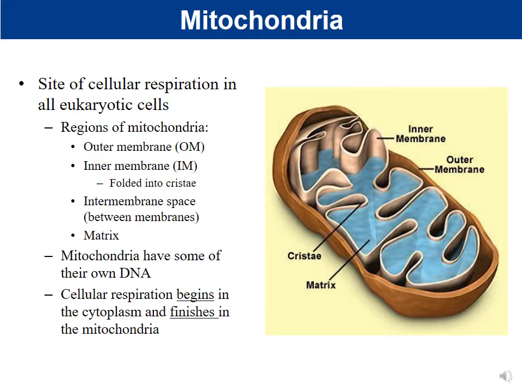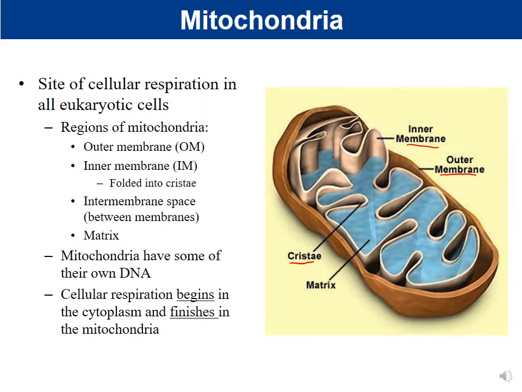It has this smooth outer membrane, and it has this extensively infolded inner membrane, which is also referred to as the cristae. And so the cristae is just another name for the inner membrane. Now, the reason that the cristae has all of these infoldings is because structure and function are related, meaning that there's a reason that that inner membrane is extensively infolded.